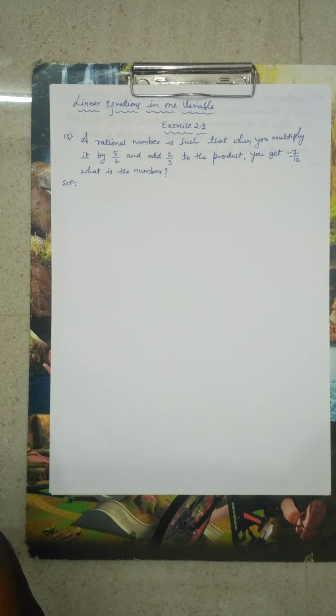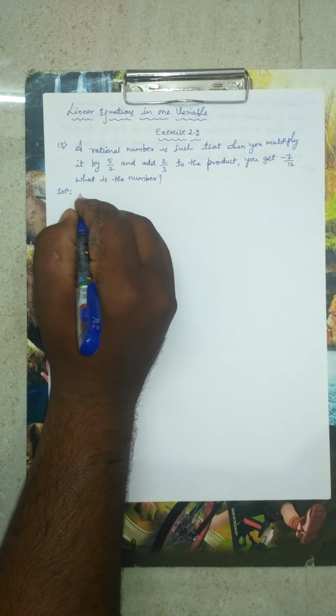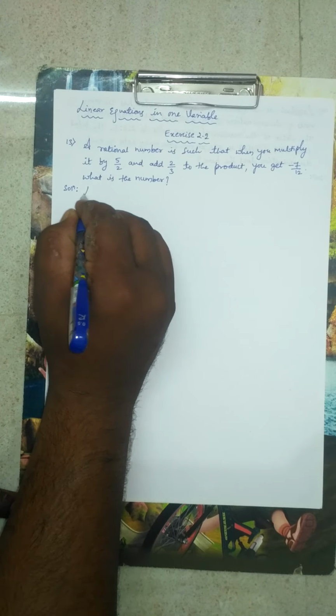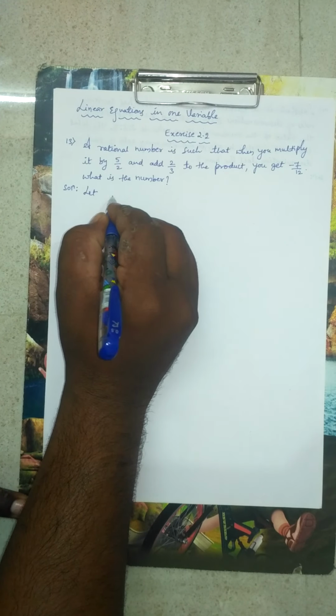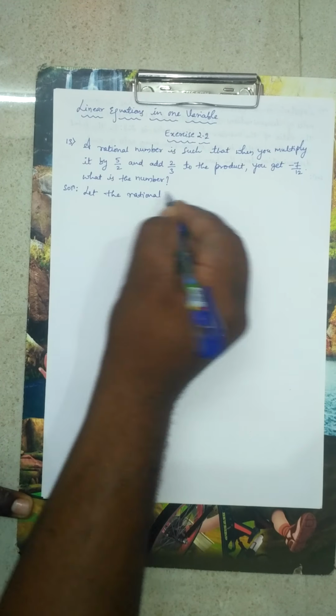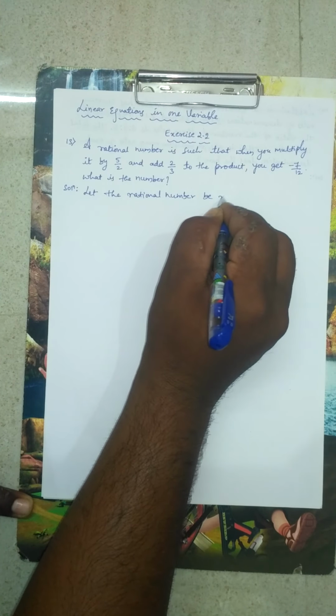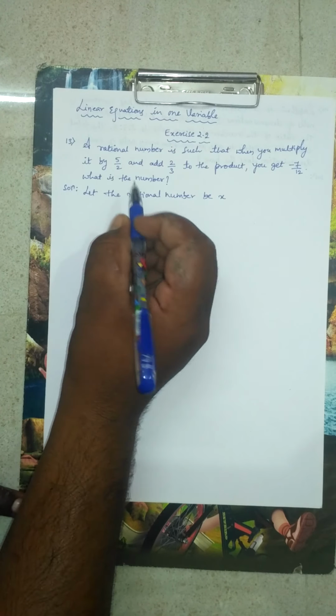We don't know first of all what is that rational number. So we have to assume that rational number be x. So solution, let the rational number be x.